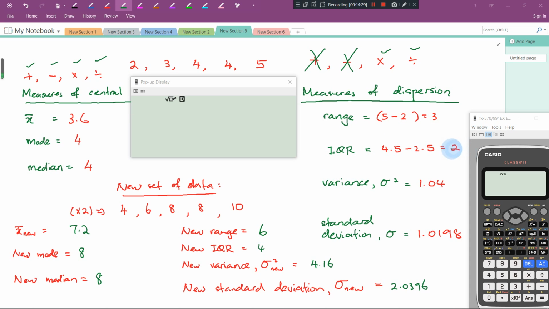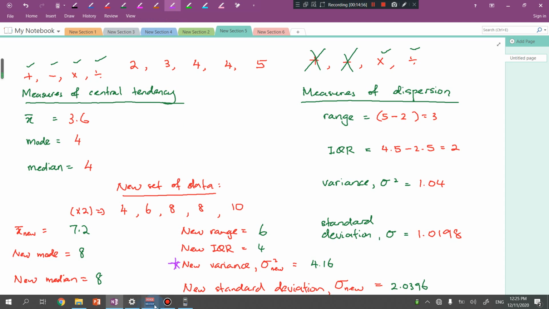The new interquartile range times 2, you get 4. The new standard deviation, 1.0198 times 2, changes to 2.0396. But for the variance, be extra careful.